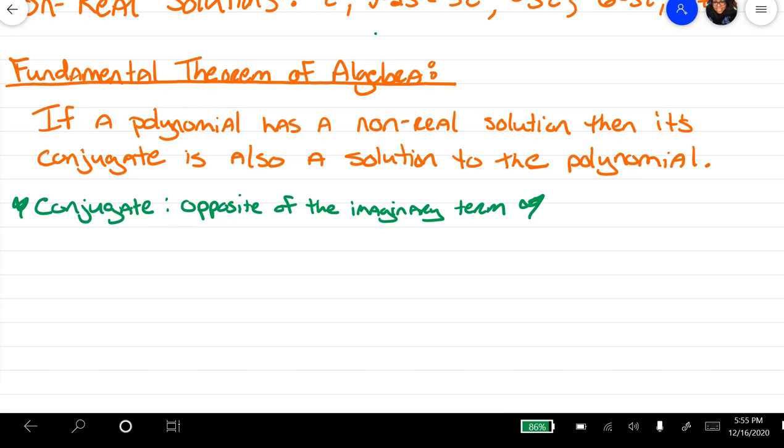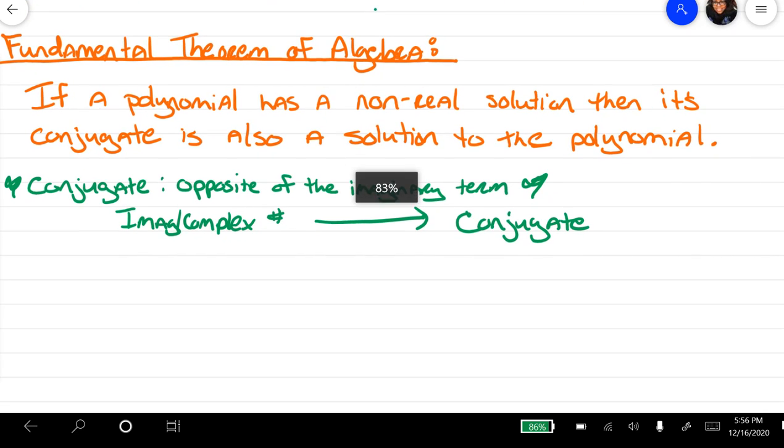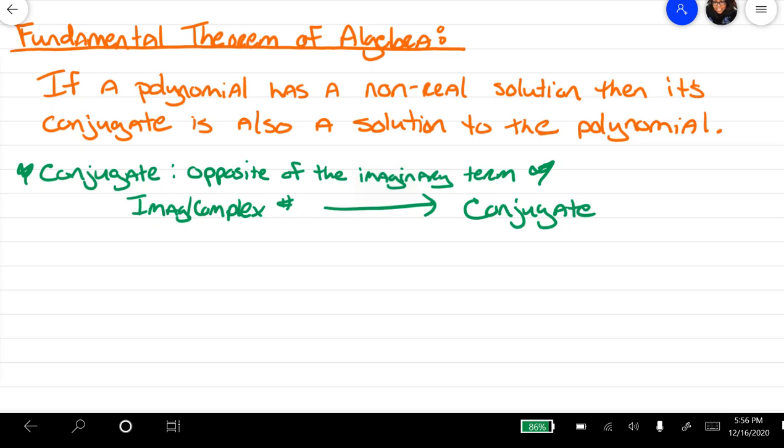I'm going to say here, this is the imaginary number. And then on this side, we'll do the conjugate. So, for instance, if I gave you just i as my complex number, the conjugate of i is going to be negative i. It's just the opposite of the imaginary term. So it's going to be negative i.